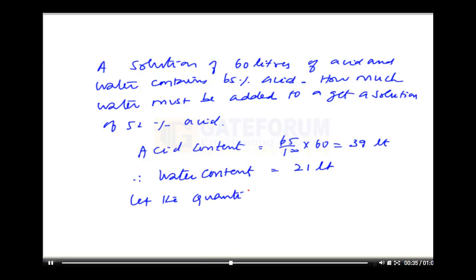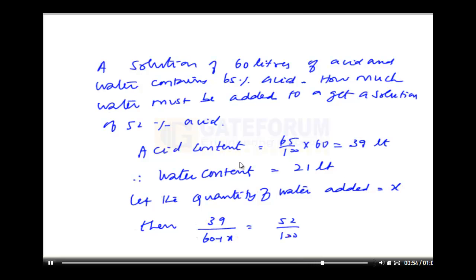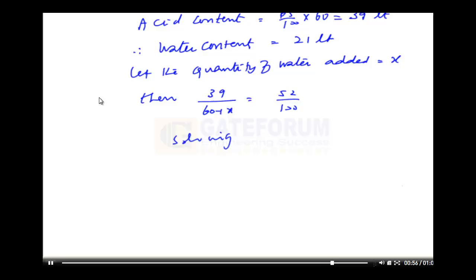Let the quantity of water added be x. Then 39 by 60 plus x should be 52 by 100. Solving, we get x is equal to 15 liters.